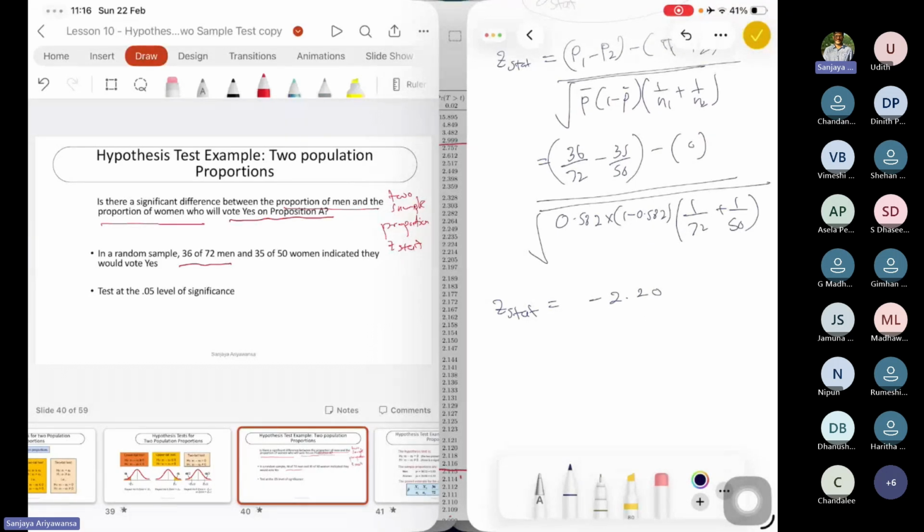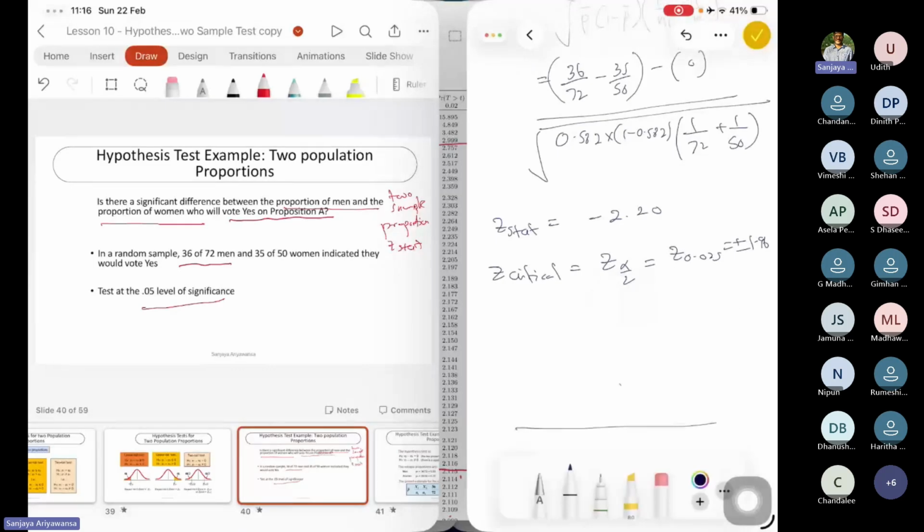Fine. What is the alpha? 0.05 level. So Z critical is basically Z alpha over 2 because it's a two-tail test. So it's 0.025. I already know, so I can visualize it also.